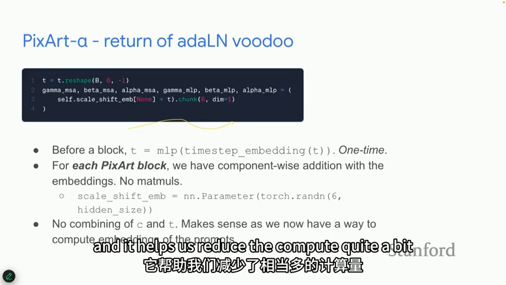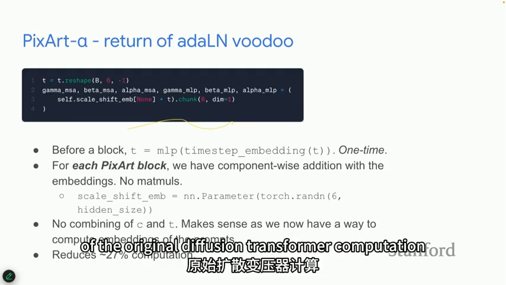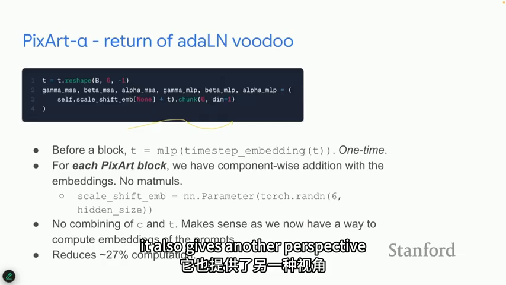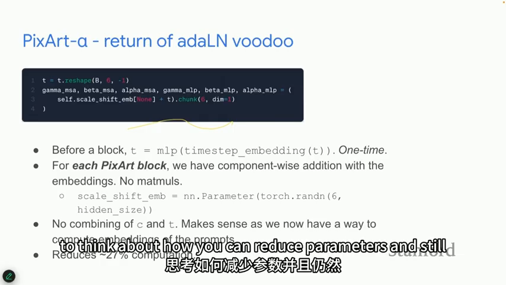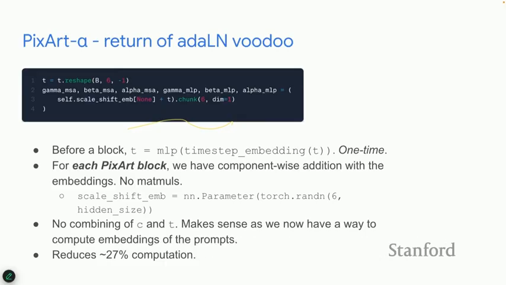And it helps us reduce the compute quite a bit. It helps us reduce 27% of the original diffusion transformer computation. And I think the idea is fairly elegant. It also gives another perspective to think about how you can reduce parameters and still maintain performance. So this was good.